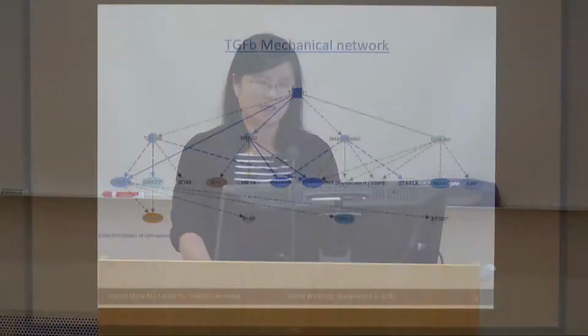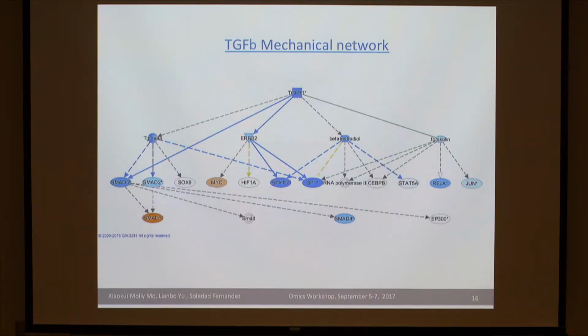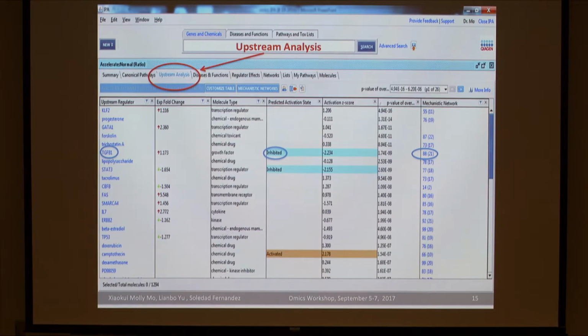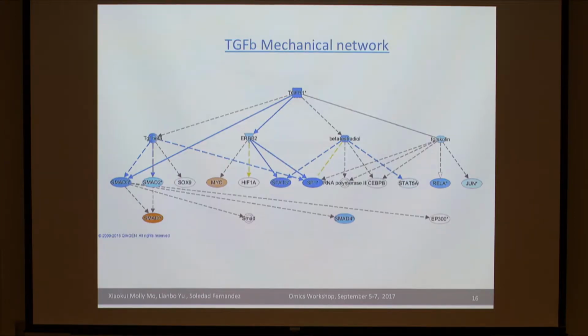So here is the mechanistic network of TGF-beta. This table shows you that in an accelerated patient, the pathway or function of TGF-beta is likely to be inhibited. And this network analysis shows you how TGF-beta targets those molecules in your data set.